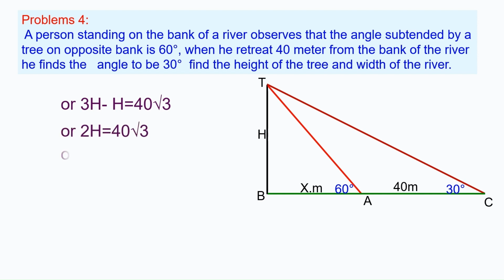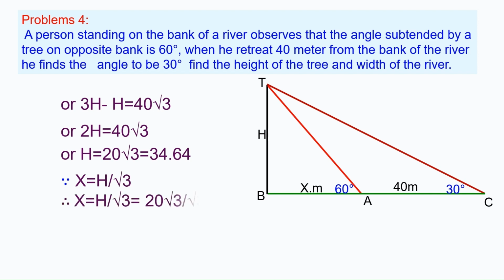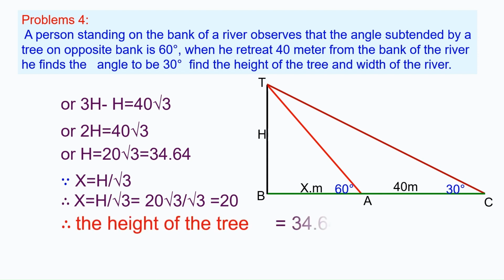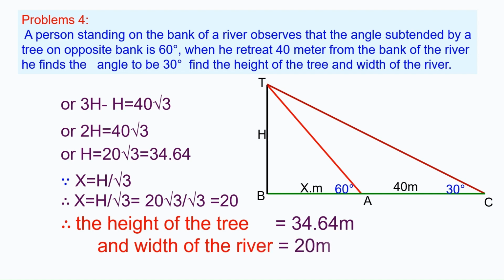By multiplying and further simplifying, we get h equals 34.64, and x equals 20. Therefore, the height of the tree equals 34.64 m, and the width of the river equals 20 m.